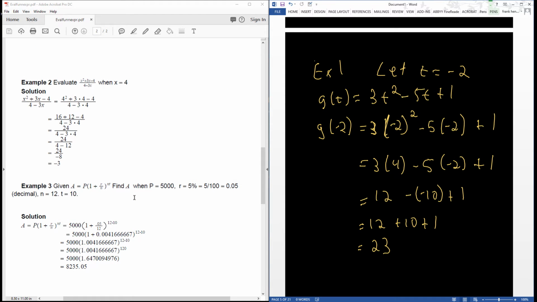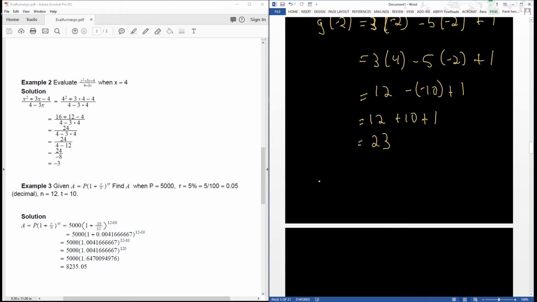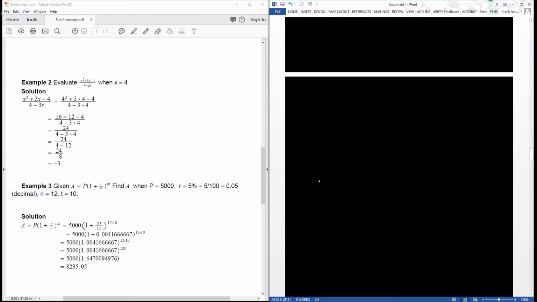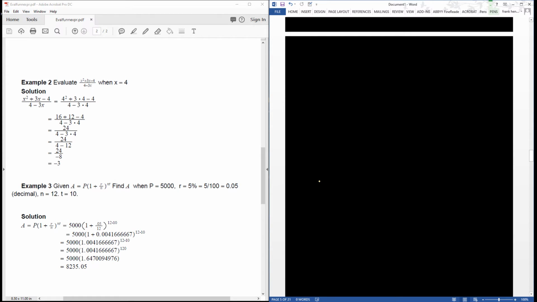Now this next one has a fraction bar in it. So we'll replace the variable with a value. And when we simplify it, we'll simplify the numerator first completely, or the denominator first completely. And this is example 2.